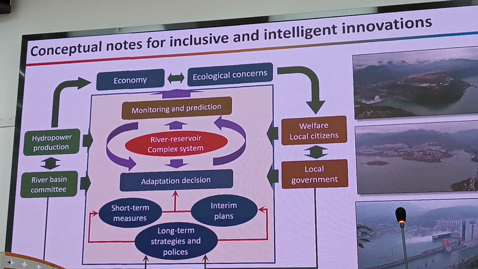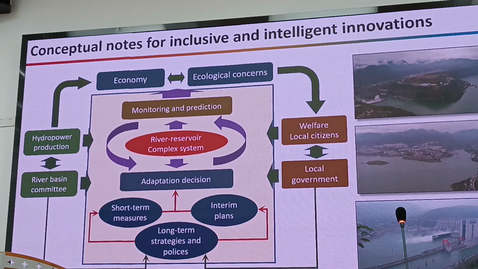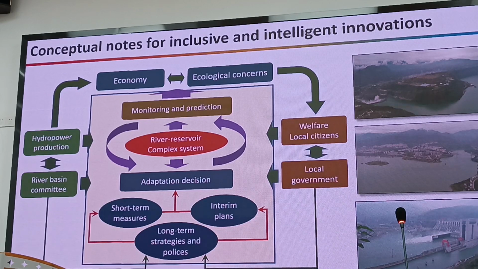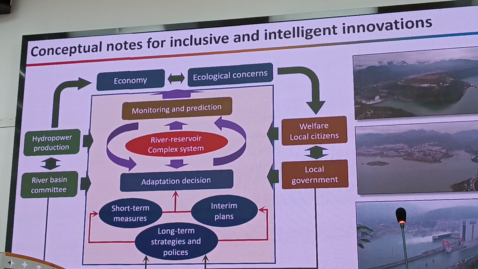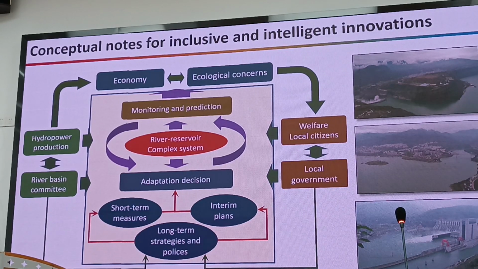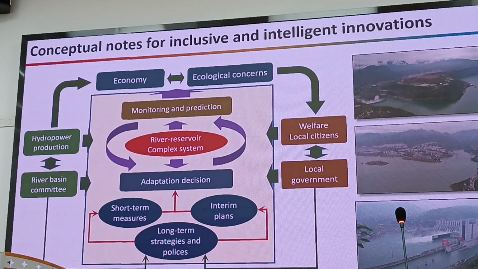The River Basin Committee is under the Ministry of Water Resources in China. The Ministry of Water Resources is the chair, in charge of the River Basin Committee, and its function is to prevent floods, prevent droughts, and also allocate fresh water along the watershed.